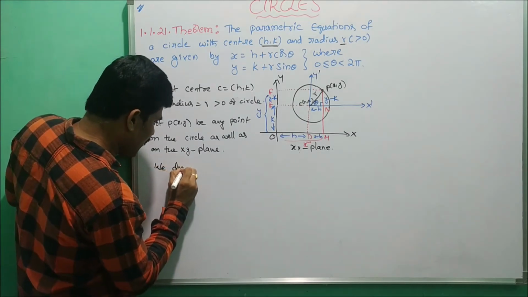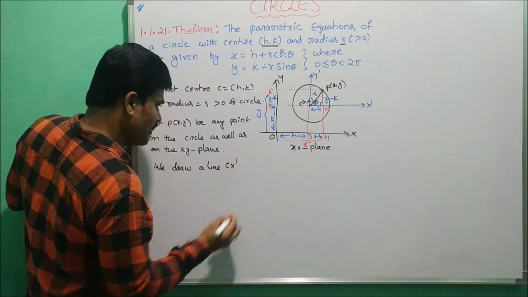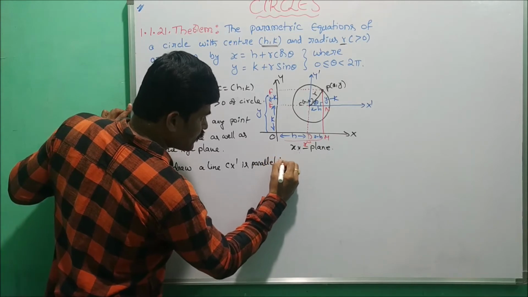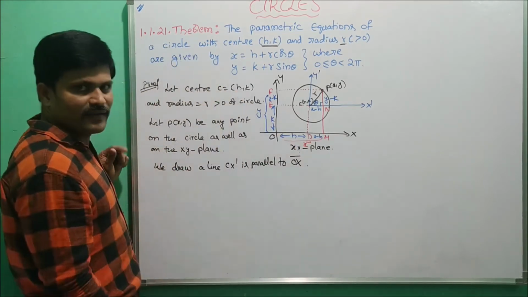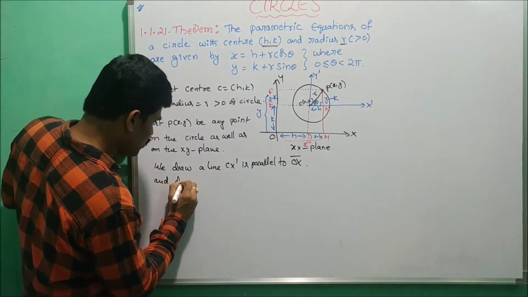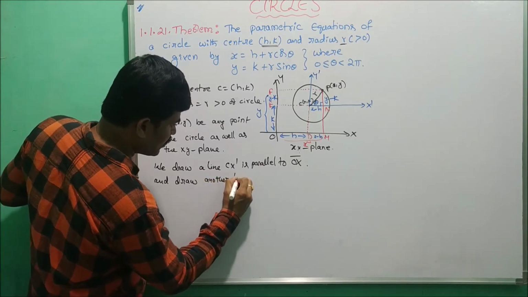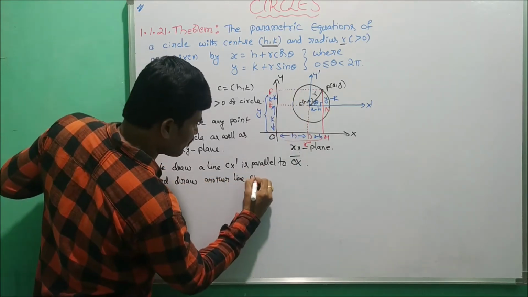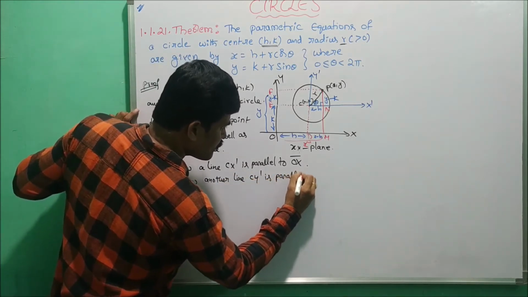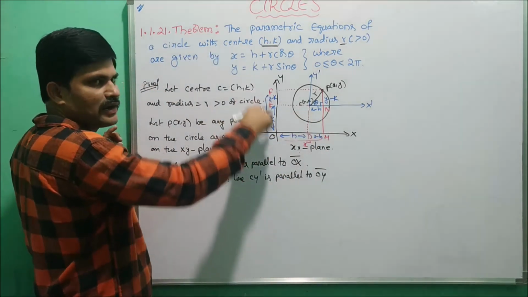We draw a line CX dash parallel to OX, and also draw another line, that is CY dash, parallel to OY.